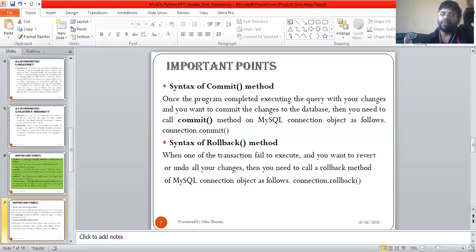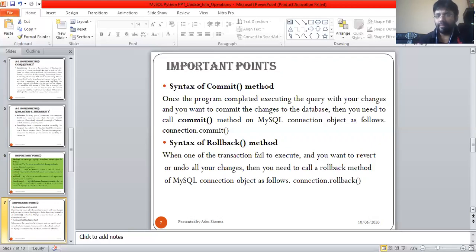Next is the syntax of the rollback method. When one of the transactions fails to execute and you want to revert or undo all your changes, then you need to call the rollback method of MySQL.